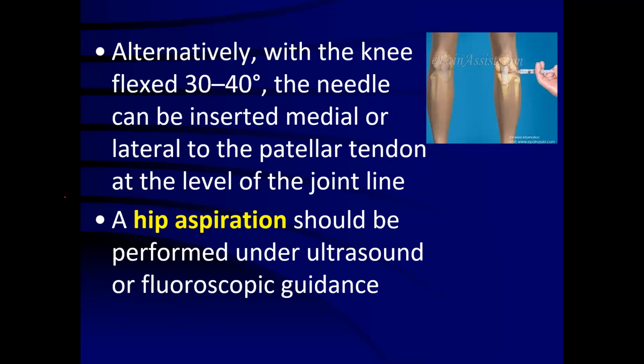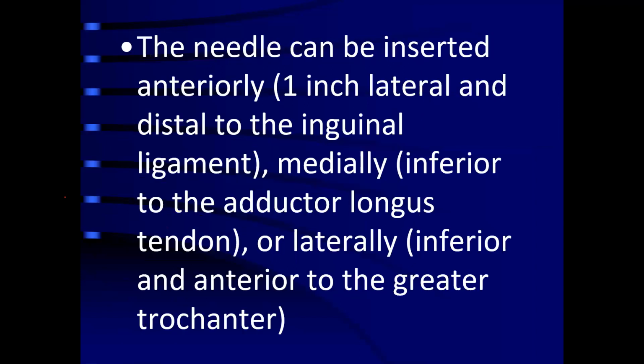A hip aspiration should be performed under sound or fluoroscopic guidance. The needle can be inserted anteriorly 1 inch lateral and distal to the inguinal ligament, medially inferior to the adductor longus, or laterally inferior and anterior to the greater trochanter.